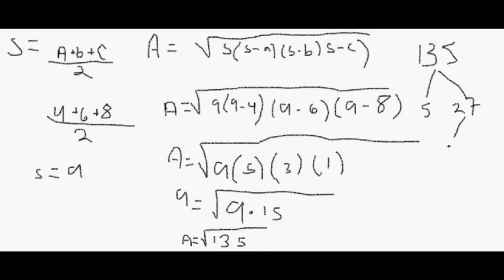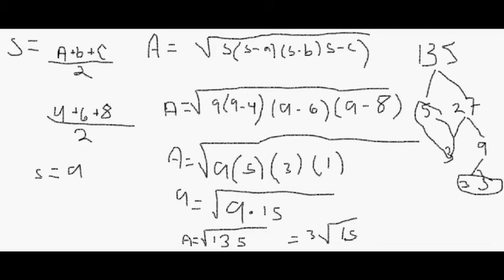And with 27, we're left with 3 and 9. And with 9, we're left with 3 and 3. The only pair I see is these 3s. So the answer is 3 times the square root of 5 times 3, which is 15. So it's 3 times the square root of 15. That's the answer for that particular problem.